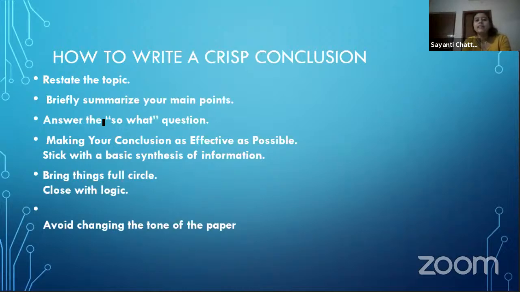Then answer the so-what question. Why does the question come, so what? If the papers of the authors have these problems, what will we do? This answer should again be written in the conclusion portion.